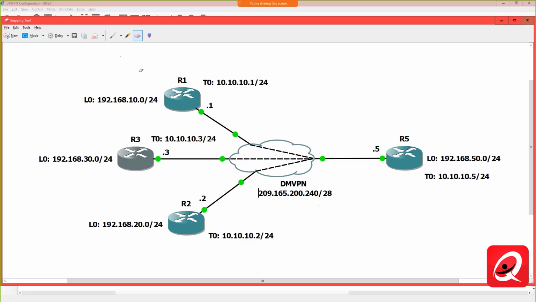All right. So now when it comes to communication from spoke to spoke, that's where we have the dynamic resolution by sending over an NHRP resolution request from the next hop client to the next hop server. And then the next hop server is going to respond with some sort of mapping of the VPN address to the tunnel source, the NBMA address, and then that spoke-to-spoke tunnel is going to get formed to allow that communication to take place.